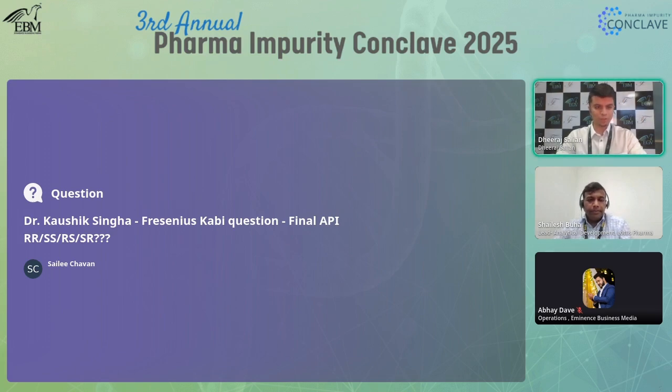The first question is from Dr. Kaushik Singha from Freshness Kavi. The question is: is the final API R R or S S or R S or S R? I think he is asking about your last concluding slide.